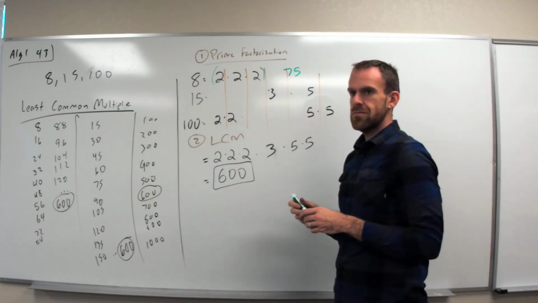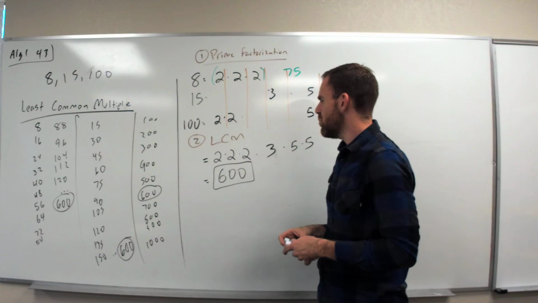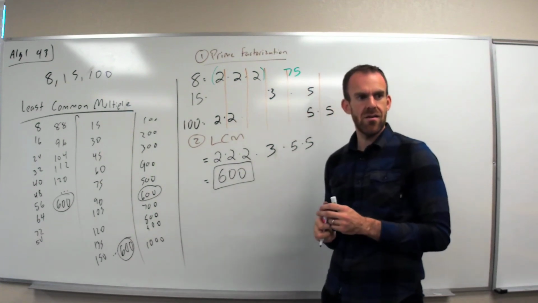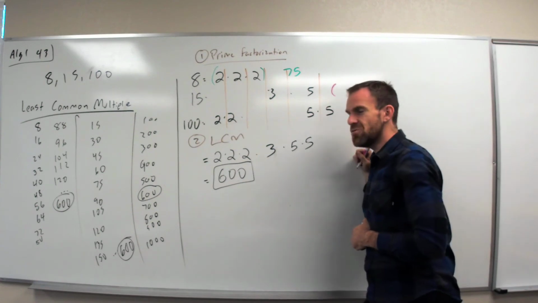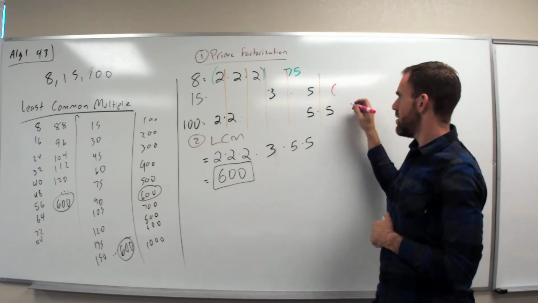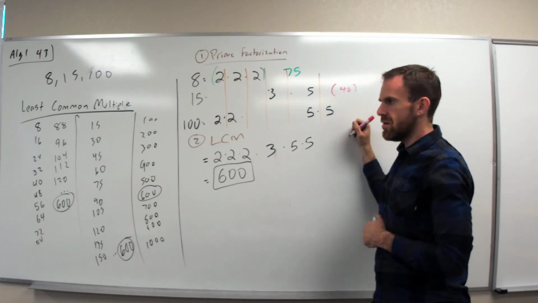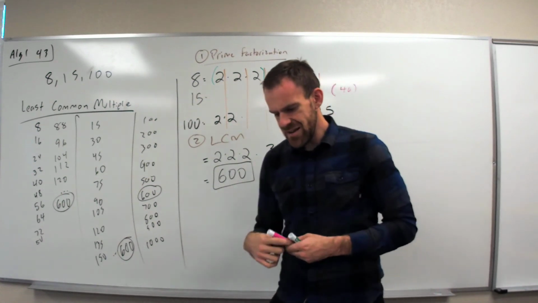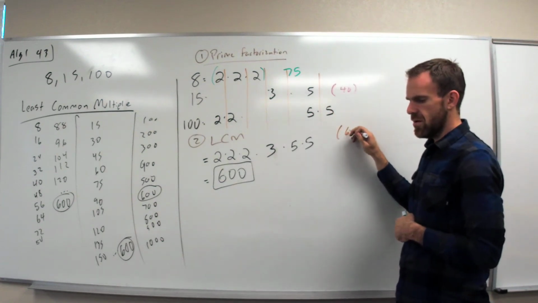Correct. 15 times what is 600? 40. 100 times what is 600? 6,000.